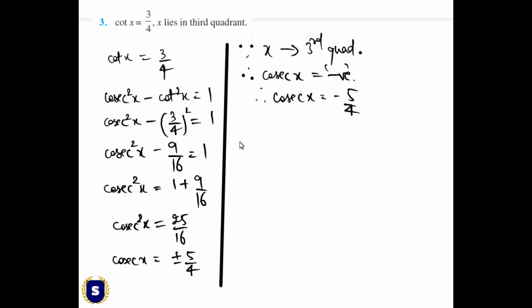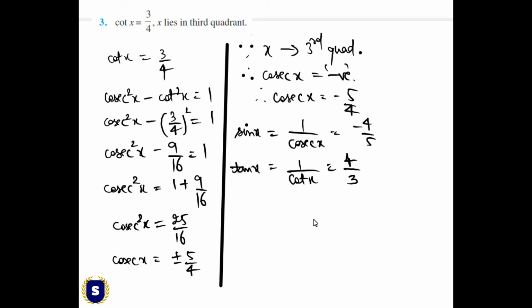So now we can calculate their reciprocals first, or we can calculate the other values, like sin x is the reciprocal of cosec x, that is minus 4 by 5, and tan x is the reciprocal of cot x, that is 4 by 3.